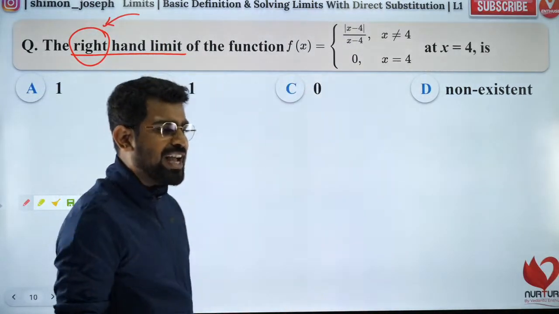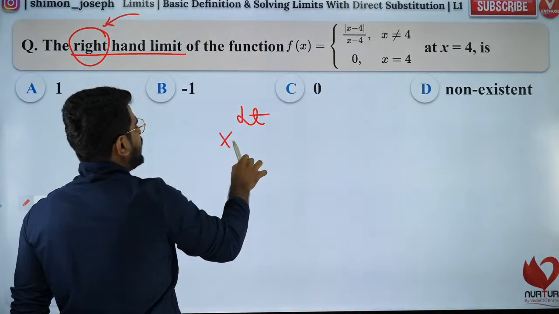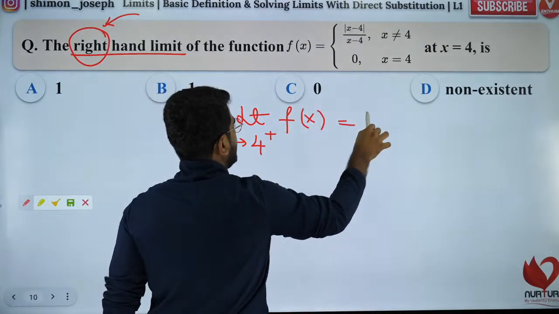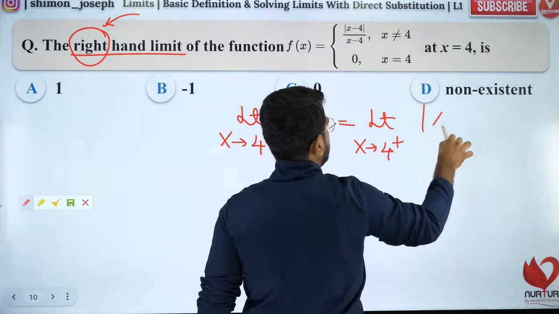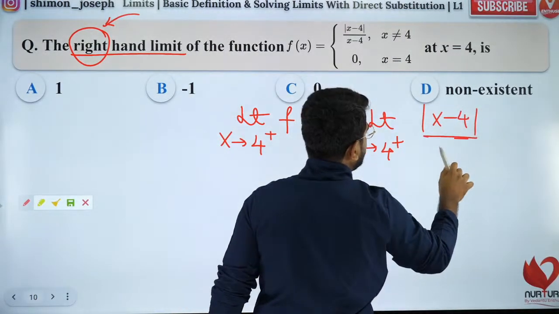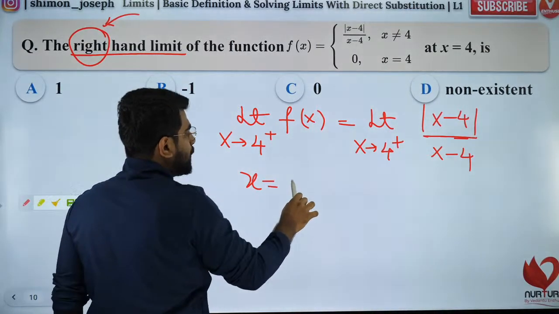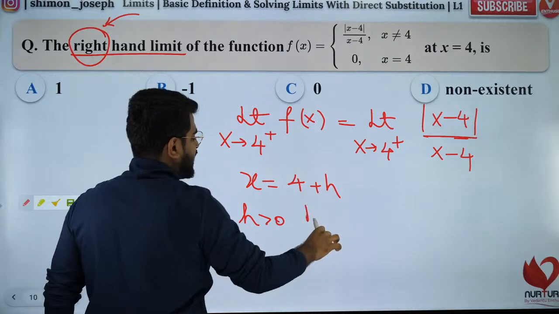Now you have to find out the right hand limit. Isn't that correct, people? So we have limit x tending to 4 plus f of x, which will be limit x tending to 4 plus. What is f of x? Modulus of x minus 4 by x minus 4. In the top you have modulus, in the bottom you don't have. Now if x is 4 plus, then I'll write x is equal to 4 plus h, where h is positive, h tends to 0.